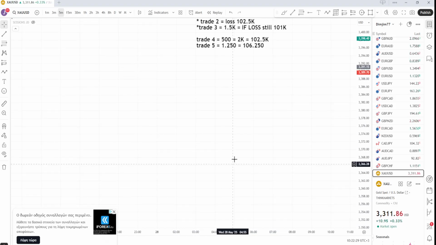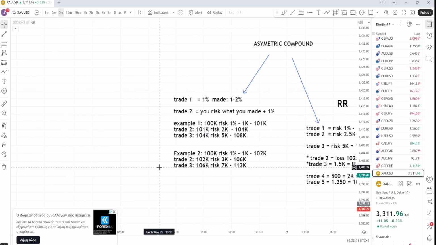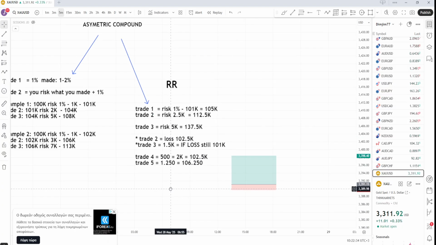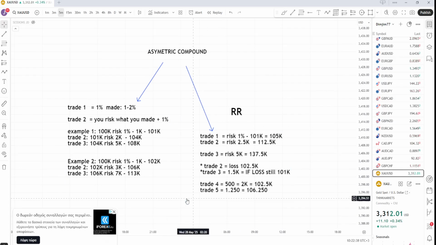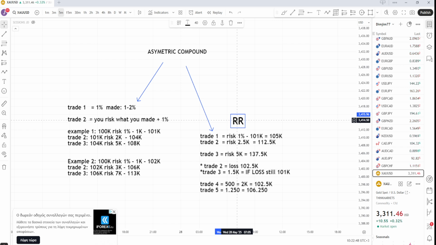Anyways, back to what we were saying here, and yeah, I wanted to show you the asymmetric compounding, how I use it with my clients, and a different variation, which could be way more advanced. Obviously, we have different systems. We have small risk, high reward trades.